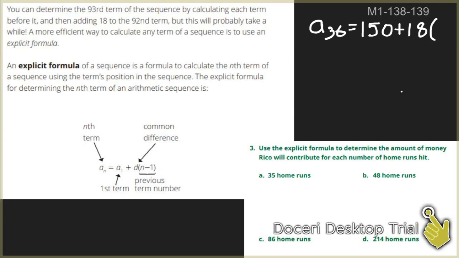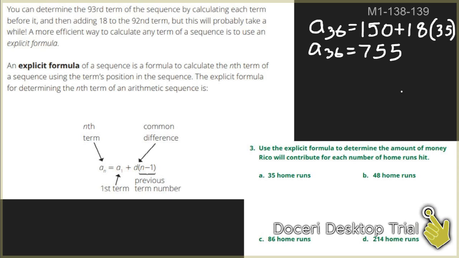So we're not putting in the 35th term, we're putting in 35 because that is 36 minus 1. And when we do the math and we find all this out, we find that the 36th term is equal to 755. So in this case, he will contribute $755.